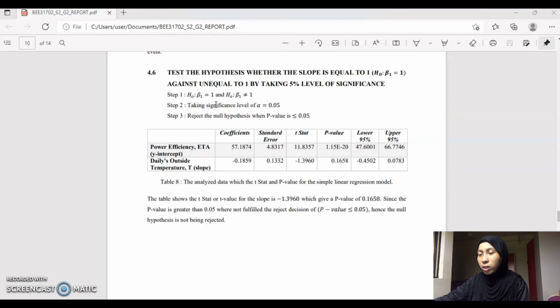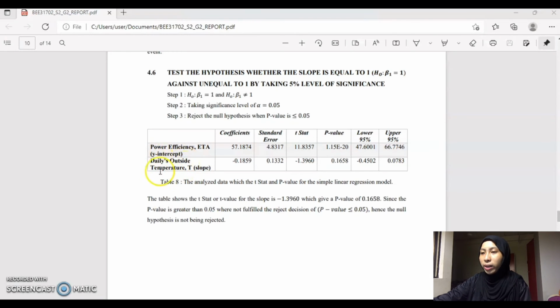For the second step, we take a significance level alpha equal to 0.05. For the third step, we reject the null hypothesis when the p-value is less than or equal to 0.05.